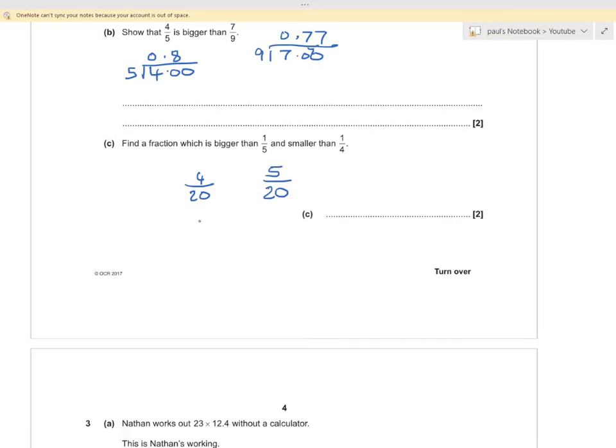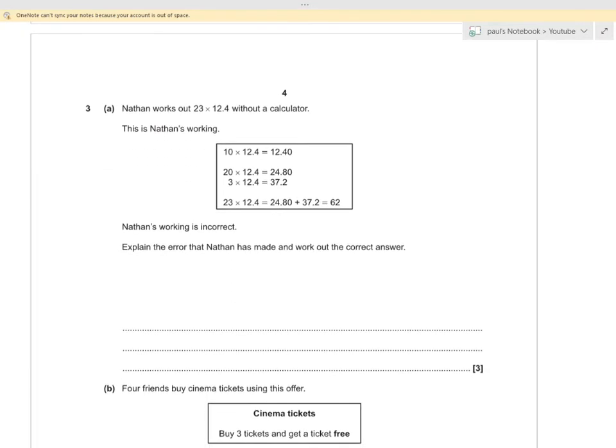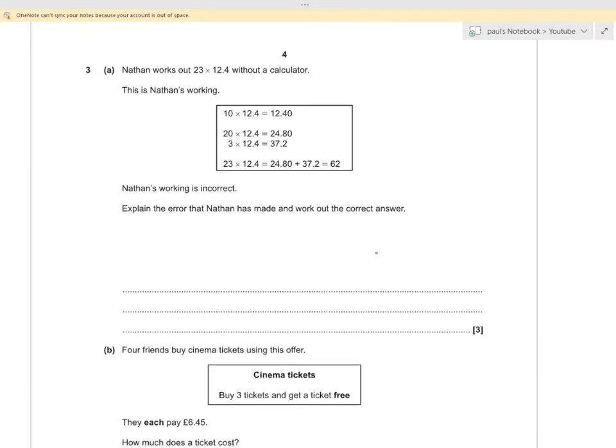So then if I made that into 40ths, I can go 8 40ths is that one, and 10 40ths is that one. So in the middle is going to be 9 40ths. Yeah, not giving anything away, are they? It's only a couple of questions in.